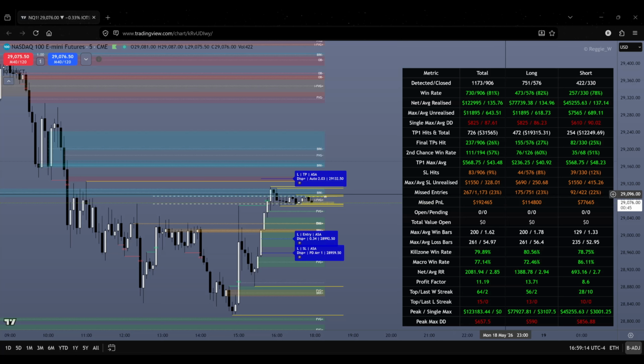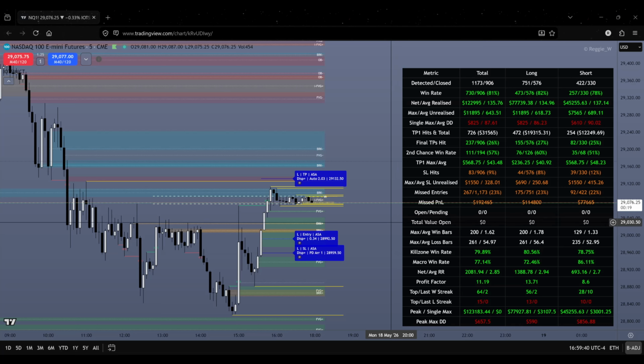Missed entries as a percentage, pretty self-explanatory. Price runs off without your trade. Missed P&L, so this is hypothetical missed profits, basically, from your trade running away and hitting your take profit level without you. Open and pending, so live setups still in play or waiting to be hit.